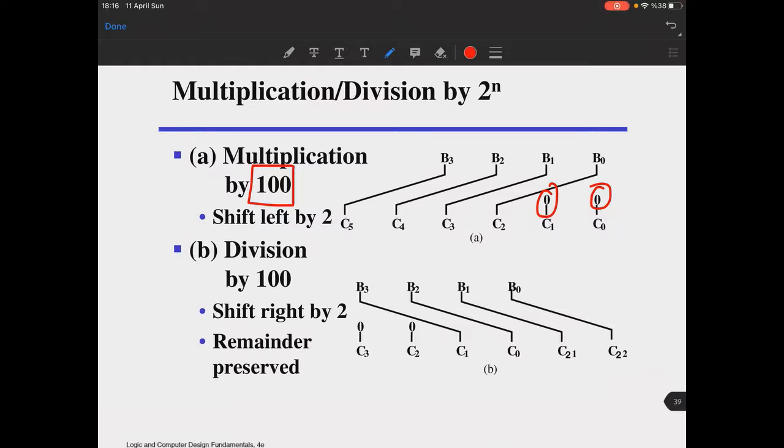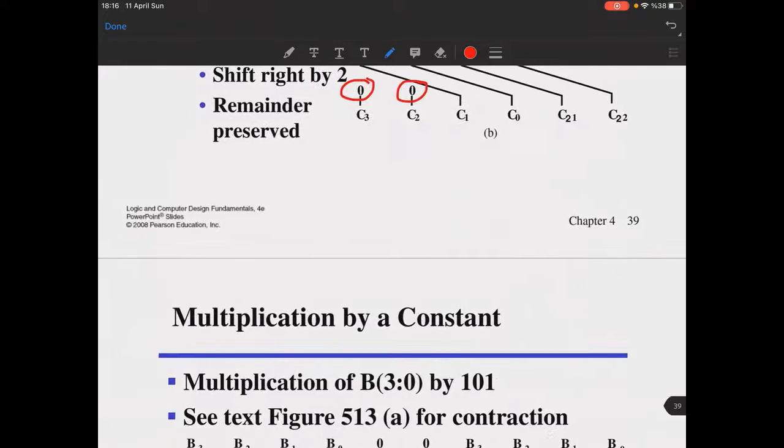And okay, what you have here is you just provide zeros here, and you shift right the number by 2 digits.